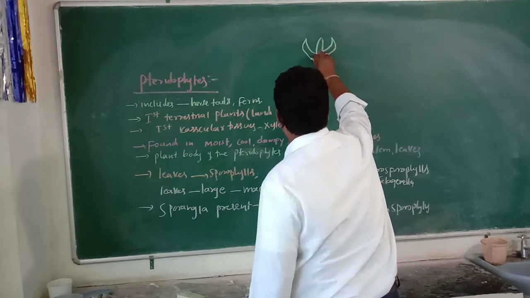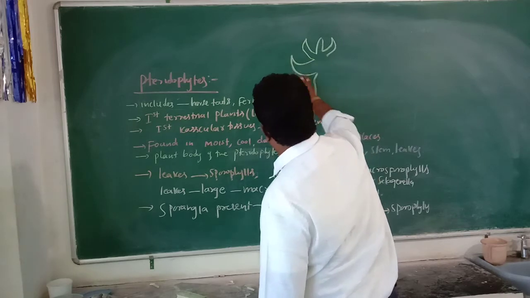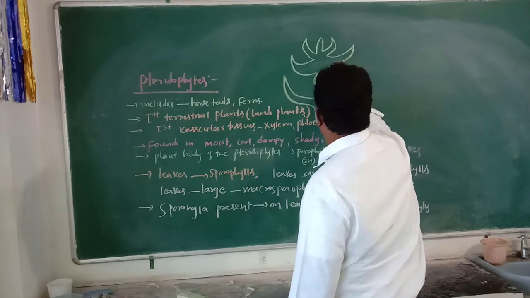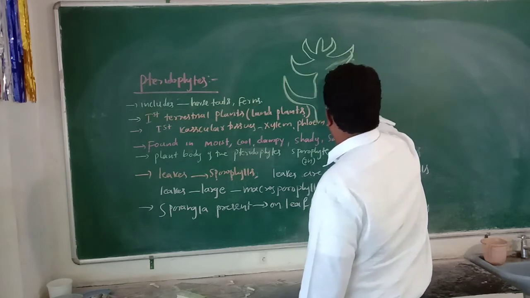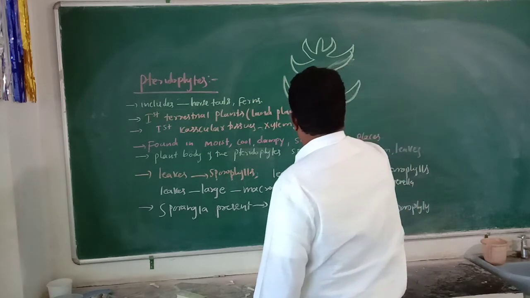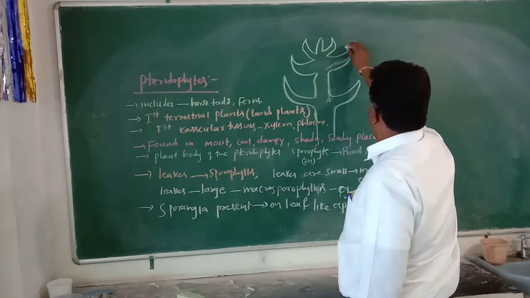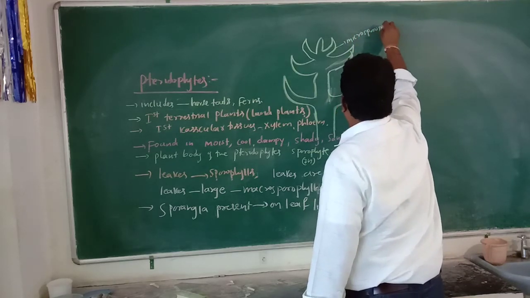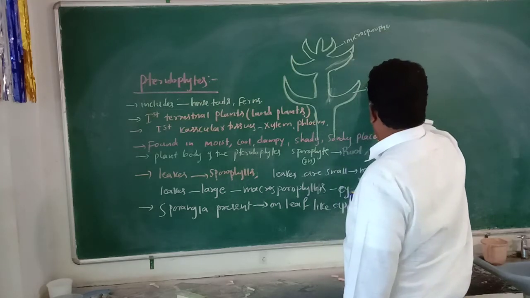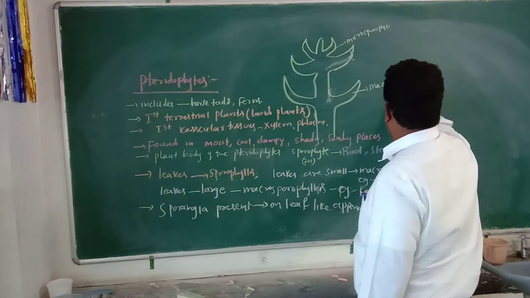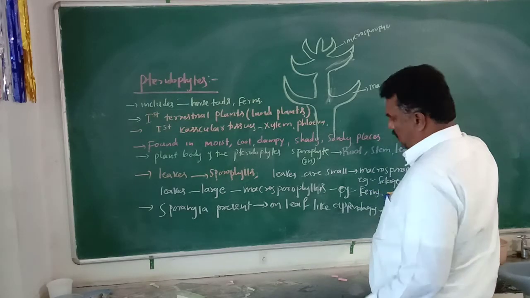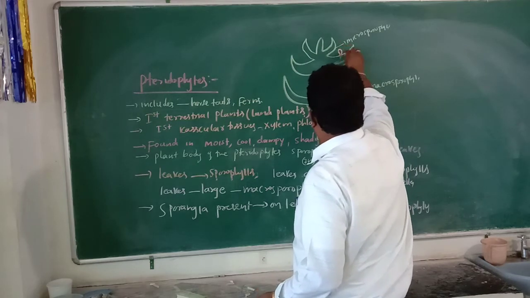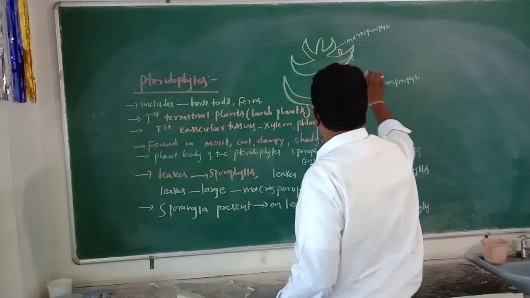Observe carefully. These are the sporophylls, microsporophylls and macrosporophylls. Microsporophylls consist of sporangia, and macrosporophylls also consist of sporangia.